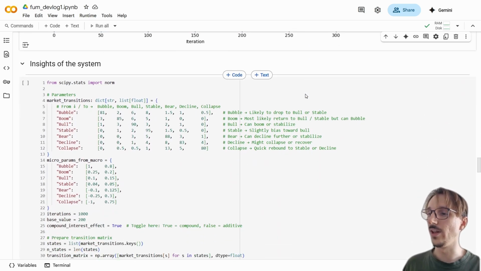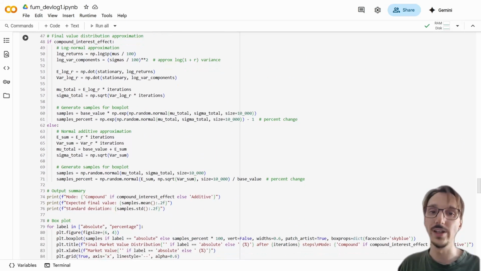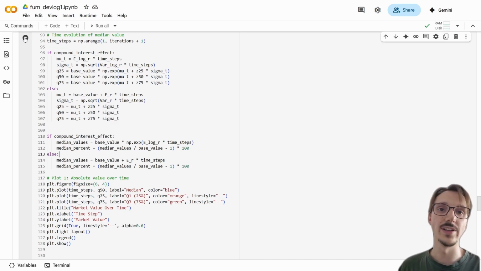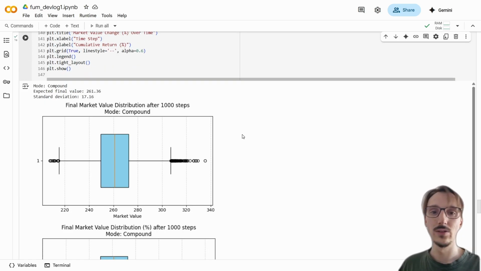Anyway, for the last part, I wanted to have some insights about the system as a whole. So I tried to do it myself, but it was quite difficult. So I asked ChatGPT, and this is what it gave me. I won't explain this code because honestly, I don't understand some parts, but let's just run it and see what it gave us. It gave us a box plot of the expected market value after the number of iterations that we give it.